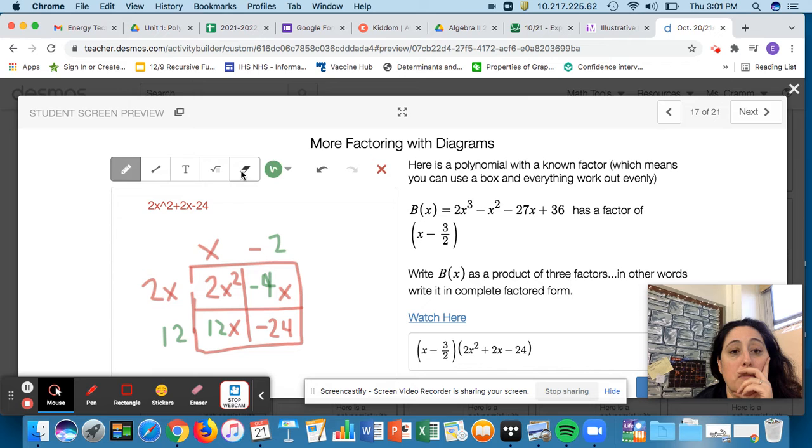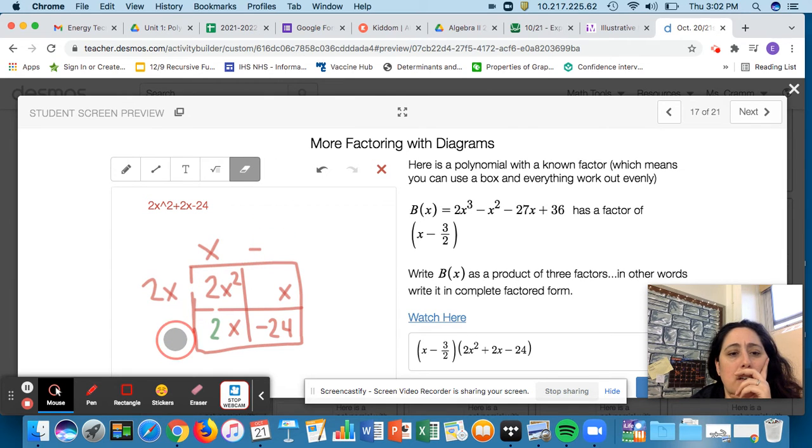So that's not going to work. Okay. Let me just switch them real quick. All right, so if this is 12 and this is 2, so 2 times x is 2x. 2 times negative 12 is negative 24. Oh, okay, so that's way far from a positive 2x. All right, so that's definitely not going to work.